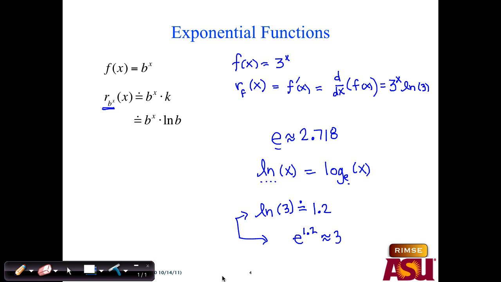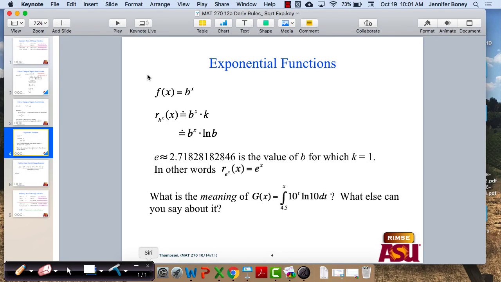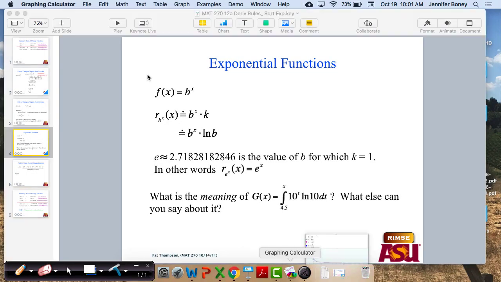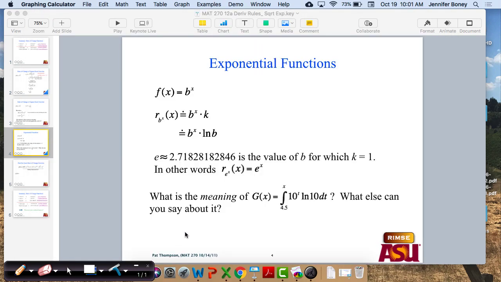So in any case, thinking about graphs, let's take a look at GC for a moment. I'm going to clear this off and go back to GC. Let's start fresh.